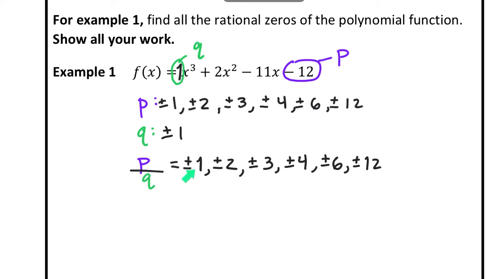So 1 is the smallest, and I can choose between a positive or negative. So it's our choice. I could choose to start with 6. I could choose to start with 4. But like I said, I like to start with the smallest number, which is 1. And then from the smallest number, I have 2 choices. I can choose positive 1 or negative 1. So let's go with positive 1. If positive 1 doesn't work, then we'll try negative 1.